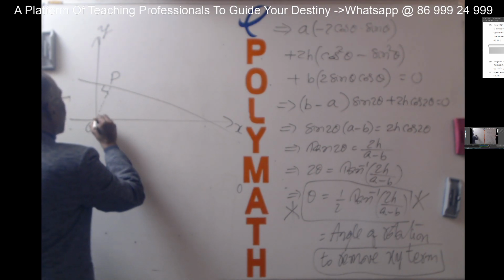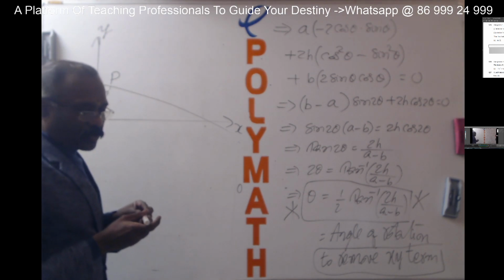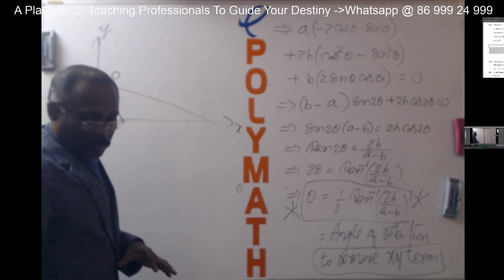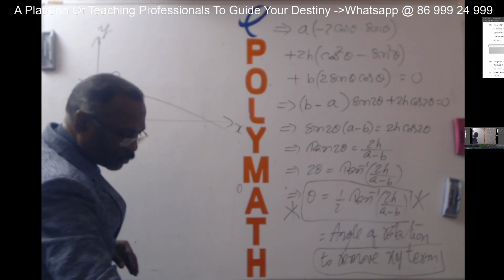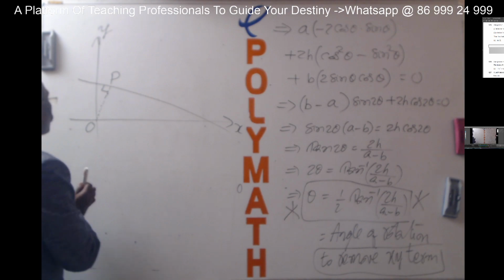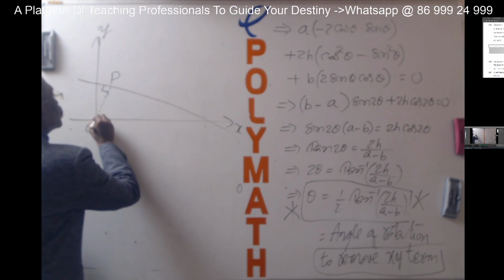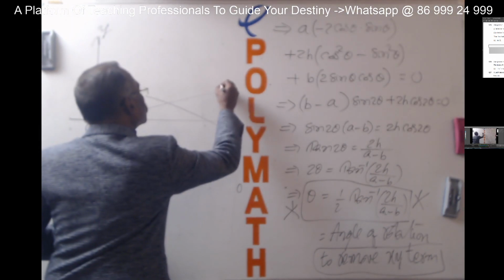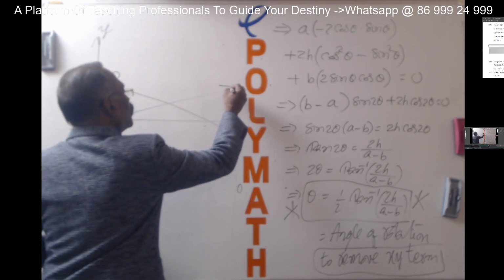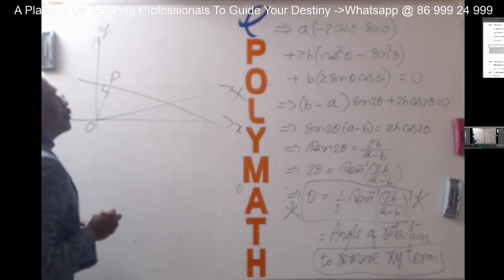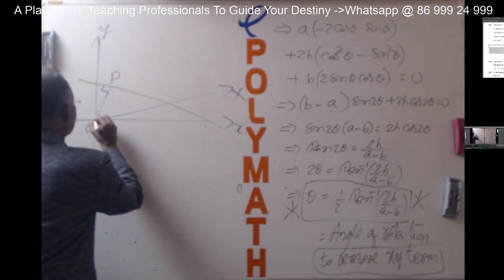Now the axes are rotated through some angle. I'm trying another color, blue.